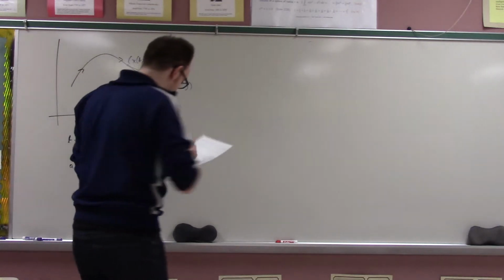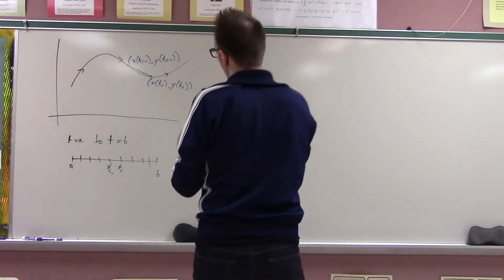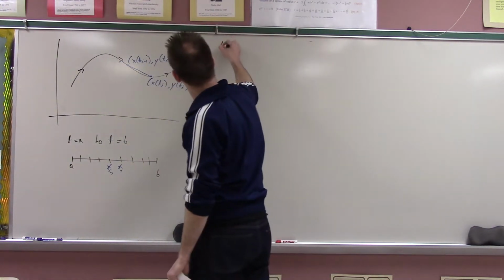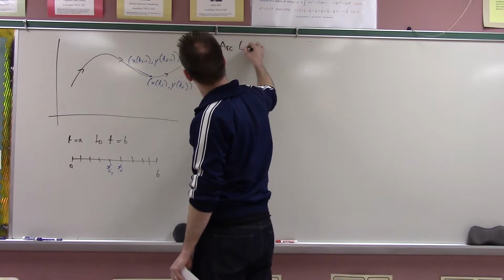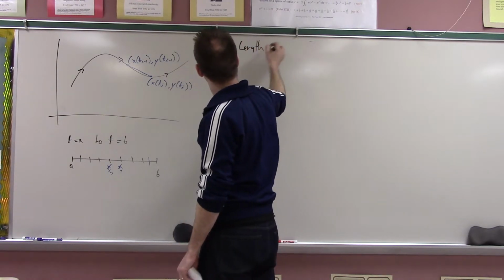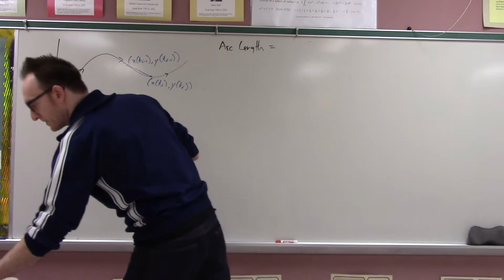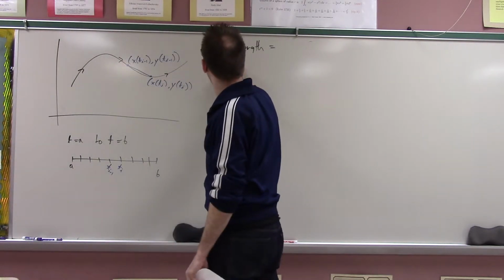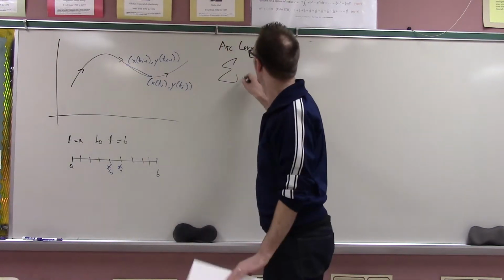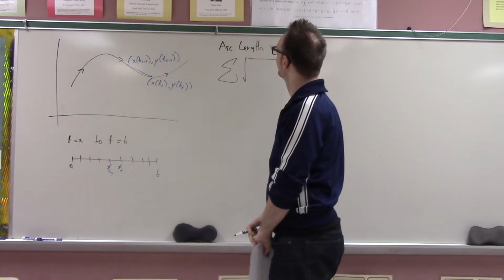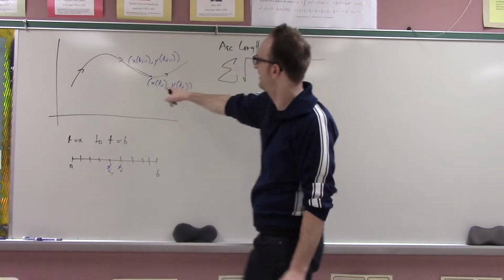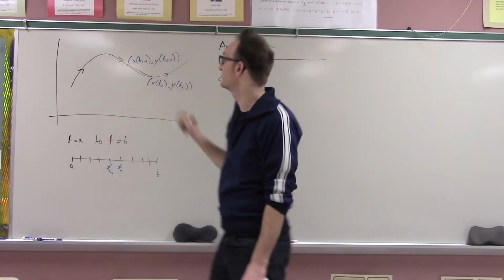Basically, the total arc length is going to equal the sum of a bunch of these lengths.